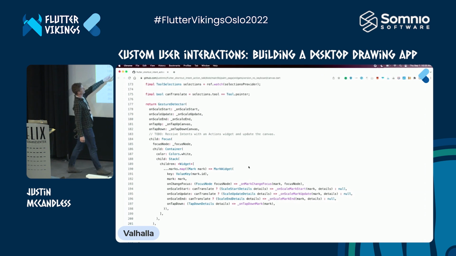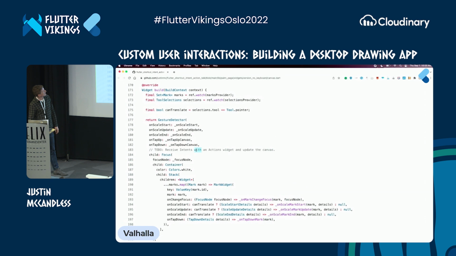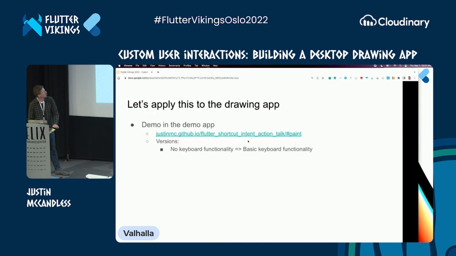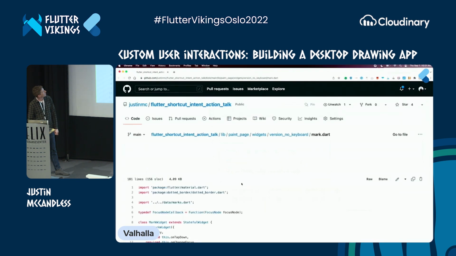And how it works is it's just a stack, and each rectangle or text field or whatever is just positioned within that stack. So what I want to do is receive some intents here with an actions widget so that the canvas can remove marks, copy marks, paste marks, that kind of thing. And then actually inside of the marks, I want to receive the shortcuts. So let's look at that code.